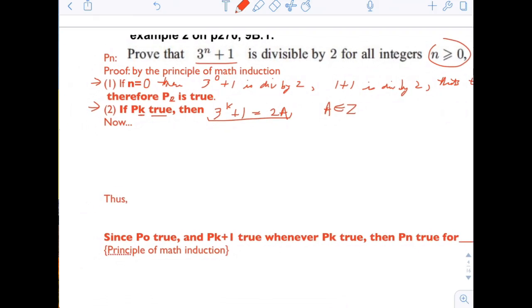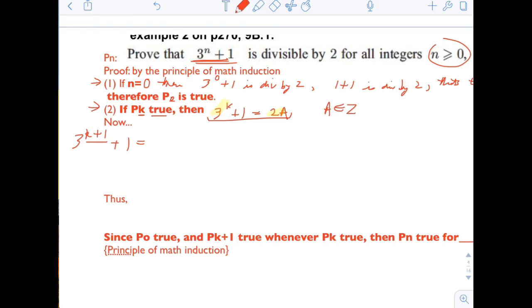Now what we're going to do is check the case of k plus 1. So we're going to take this expression, and instead of n, we're going to put k plus 1. So 3 to the k plus 1 plus 1 is equal to, and now what we try to do is make it look like this case here, so that we can substitute in 2a somehow.